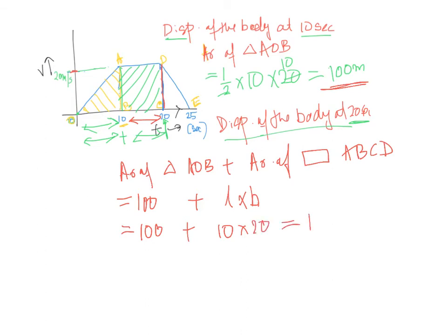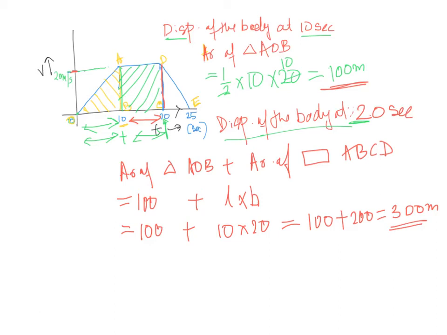L into B. So 100 plus 200. This is 300 meter. Clear? Easy, no? Very easy.